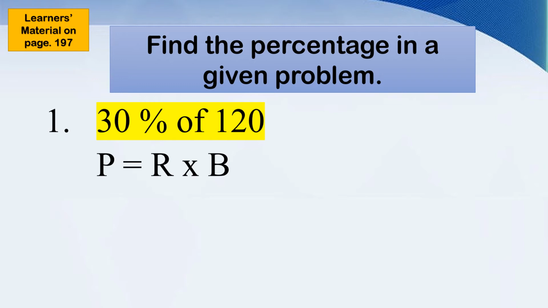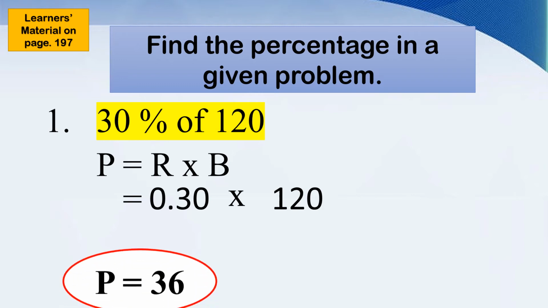What is the rate in the given? The rate is 0.30. How about the base? The base is 120. 0.30 times 120. Let us multiply the rate and the base to get the percentage.